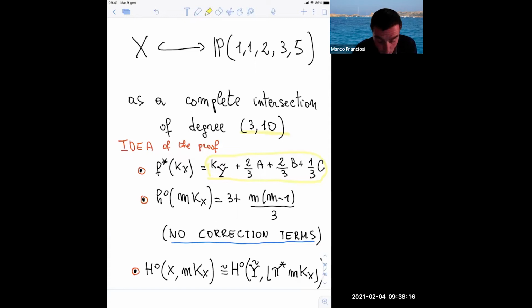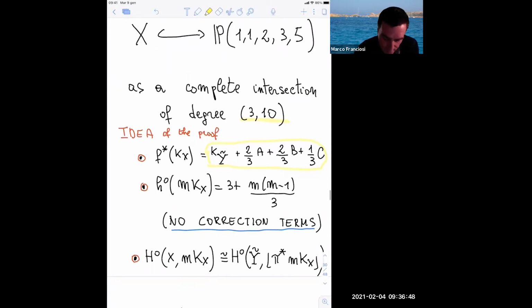And in general, we have correction terms, but in this case, all the correction terms vanish. So what does it mean that h0 of mK_X is exactly the same as in the smooth case? This is helpful since it shows that the Hilbert function is the same as in the smooth case. So we have an idea that it may be smoothable.